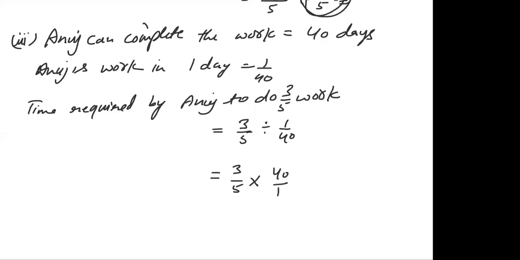Change the divide sign into multiply and reciprocate the fraction. So 5 ones are 5, 5 eights are 40 and 3 into 8, 24 days, not hours. Okay, 24 days. This is the answer. So Anuj can complete the remaining work in 24 days.